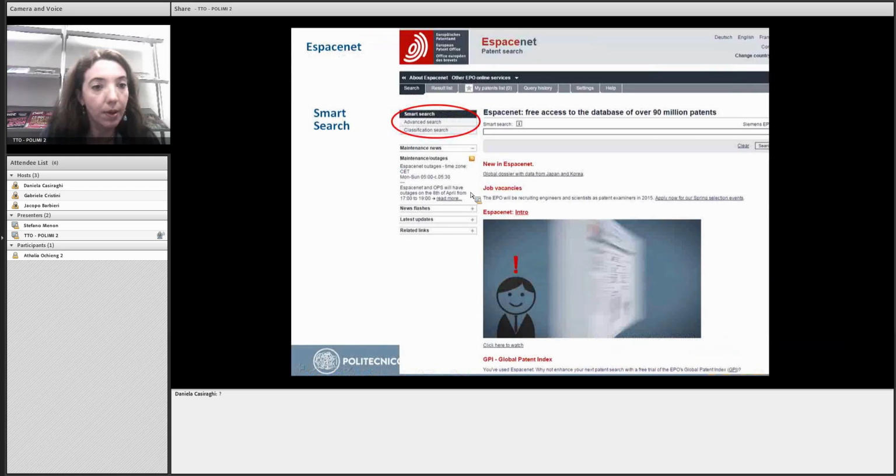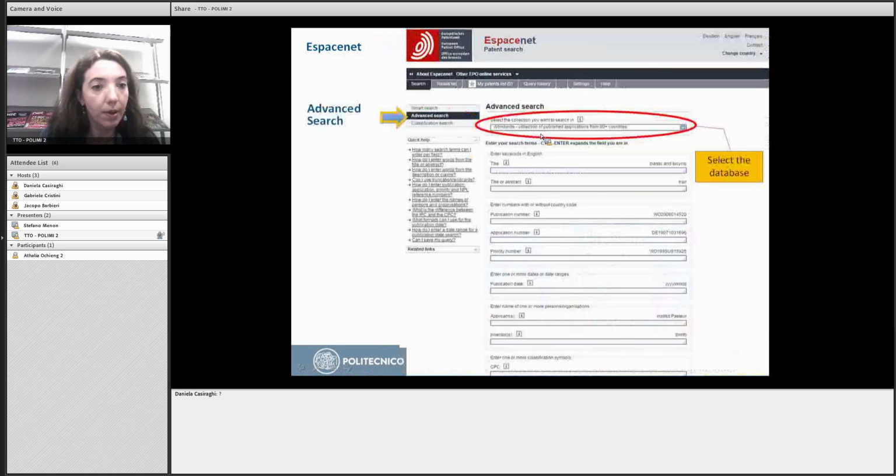So basically, when you are on the Espacenet database, you can start with a smart search, writing the keywords on this part of the screen. But you can also perform, and I suggest to use this modality, an advanced search.